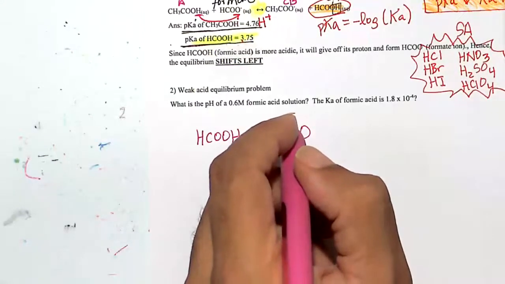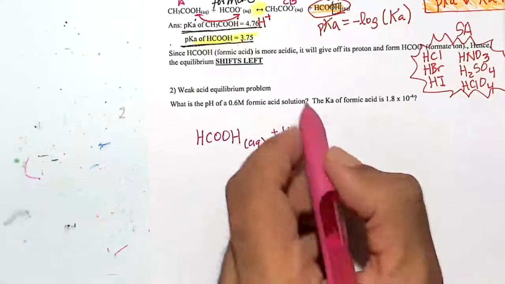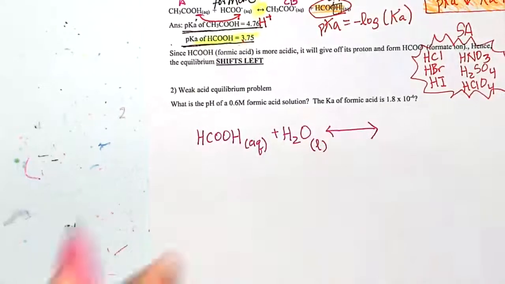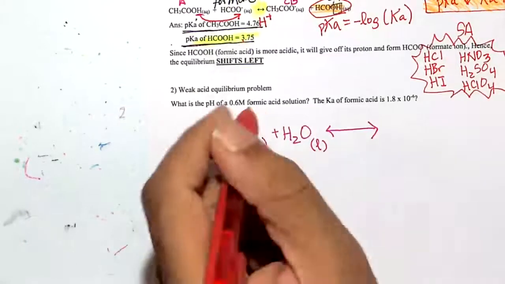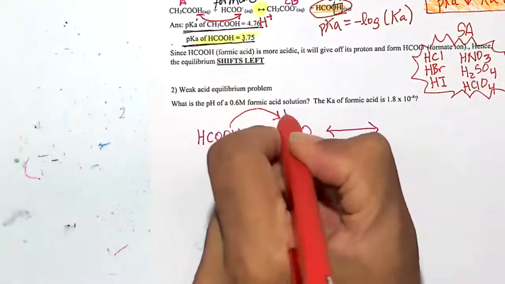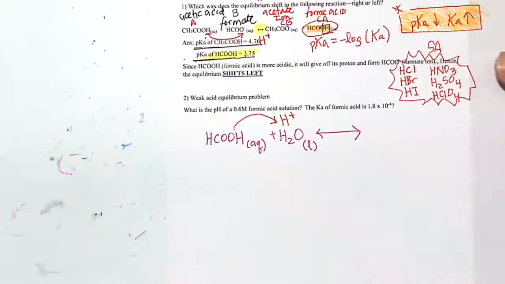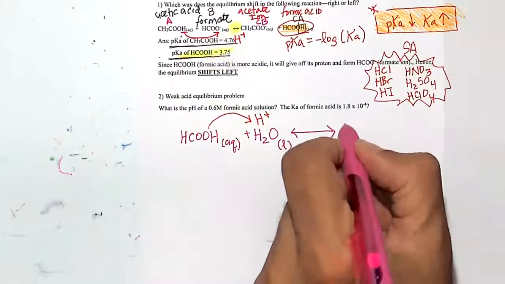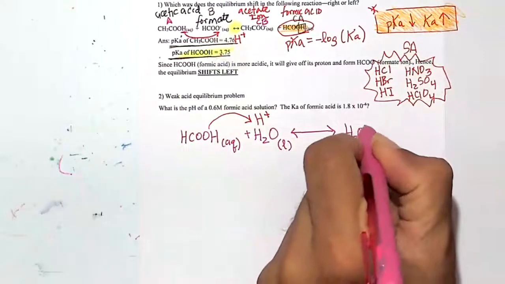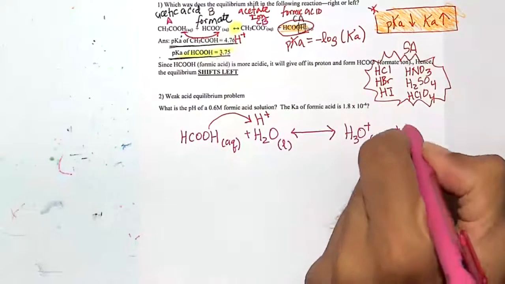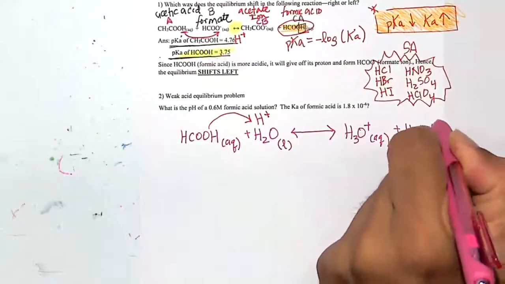This specific A is formic acid. This very specific acid is formic acid. So this is our standard equation. H3O plus and formate.